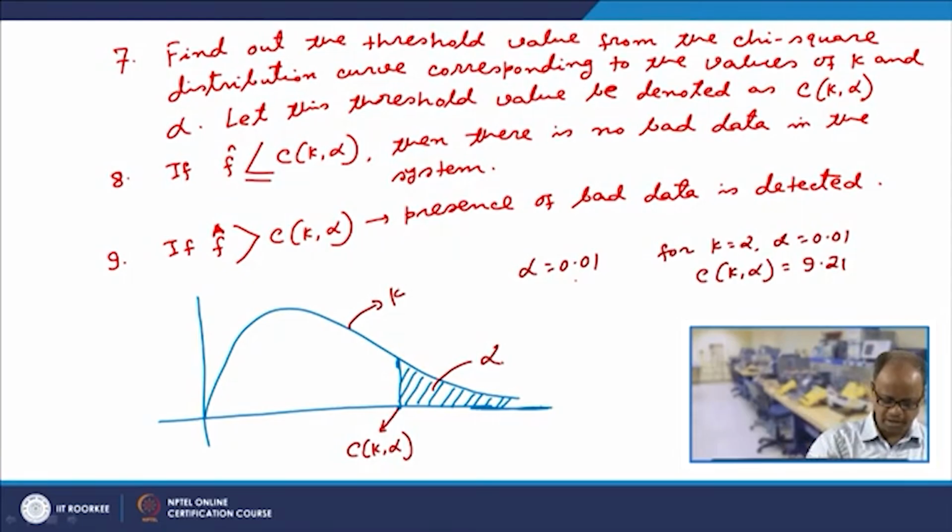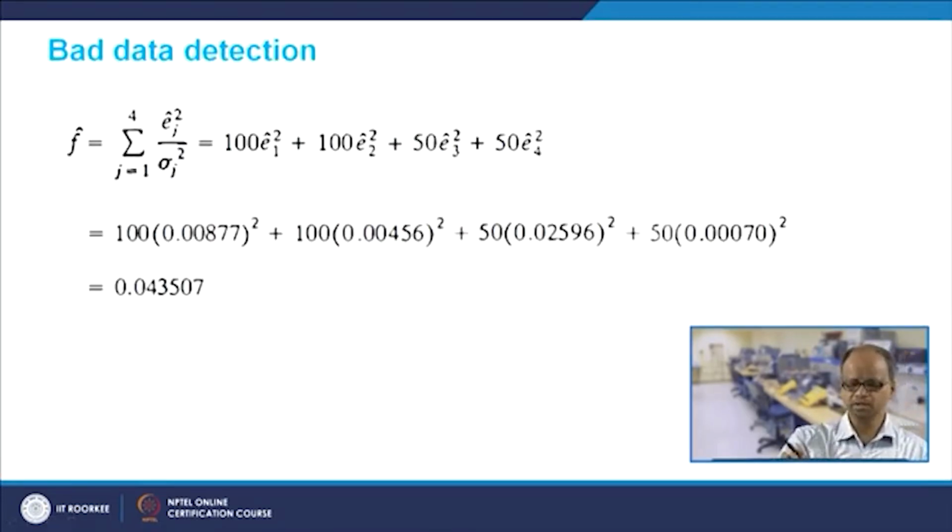Now, to detect bad data, in this example, if we do remember, in the last lecture we have considered two cases.